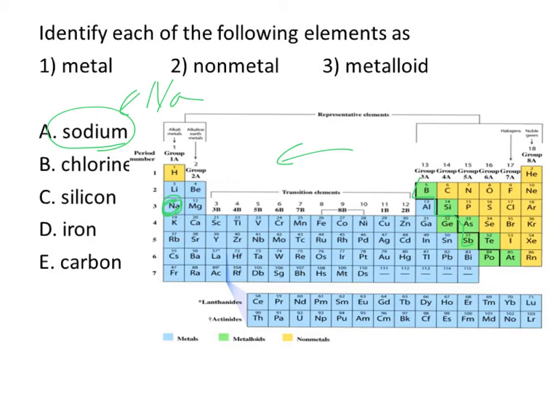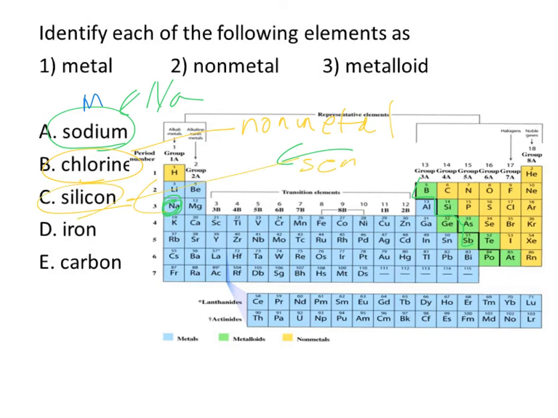Then we have chlorine. Chlorine has the elemental symbol Cl, and it's located right there. Since it's in orange, that means it's a nonmetal. So we've got metal, nonmetal, silicon. Well, I just talked at great length about that.